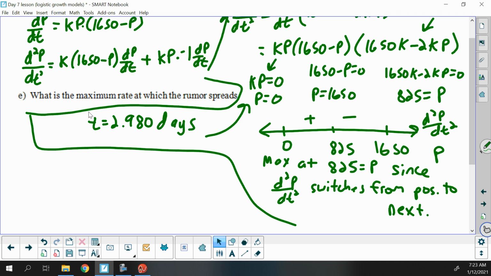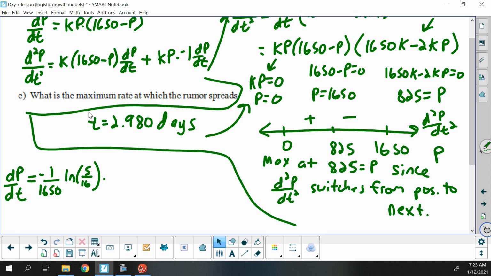So we want to know, what is the maximum rate at which the rumor spreads? Well, we know the maximum rate is going to occur at 2.980. There's a couple of ways to do that. We can go back to our rate equation, so our dp over dt, and we can just fill everything in. We can fill in our k, the minus 1 over 1650, natural log of 5/16.